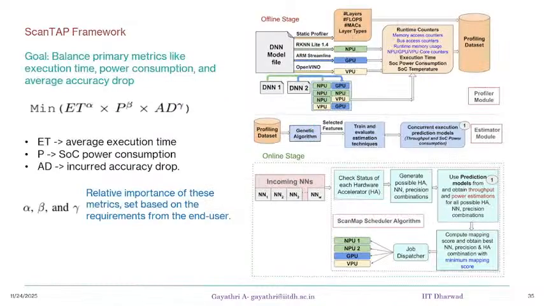Based on that logic, we first built this profiling module and profiler, and then we tried to use it. Because you have so many features in your hardware counters, how do you know what is the best feature to build your prediction model?